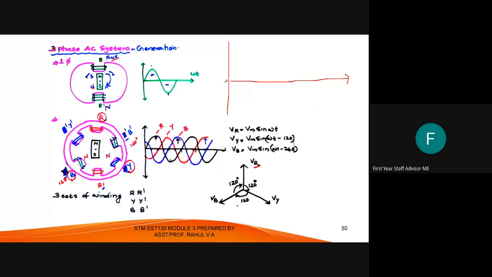Okay, then what you do is, then you draw voltage at R winding. So this is voltage at R winding. Okay, then after drawing this, you can understand that this is 360 degree.